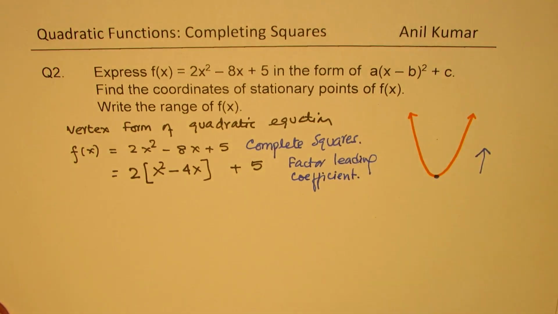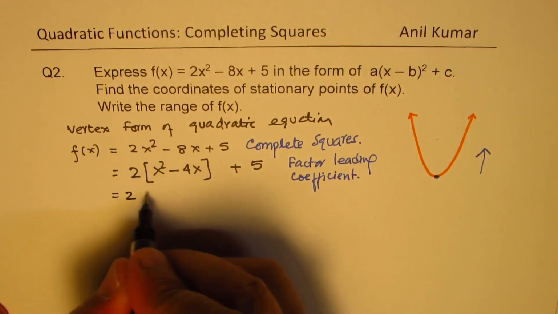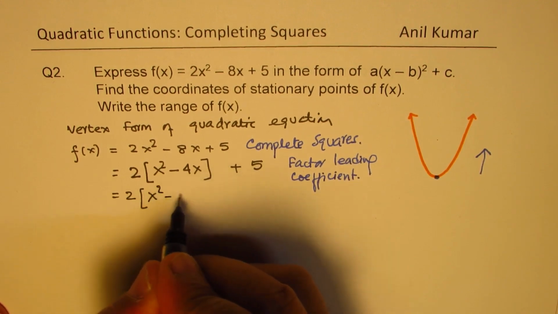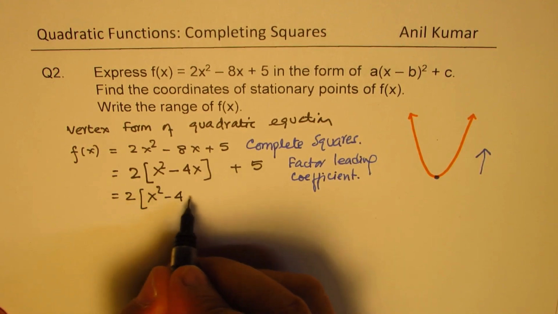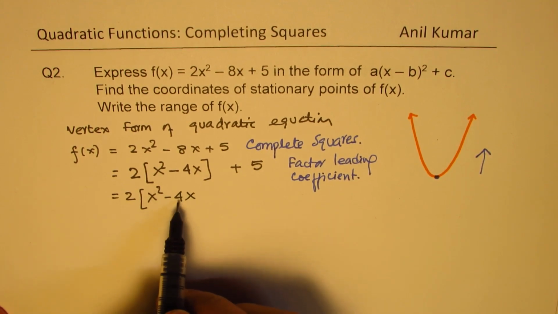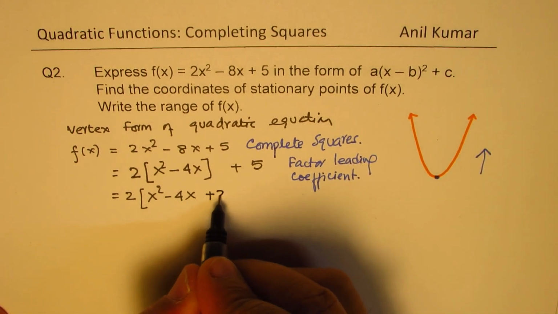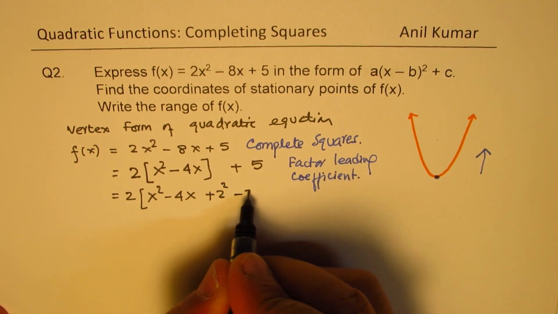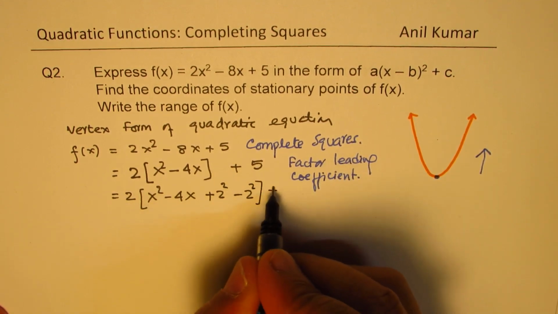Correct? Now, we'll follow the steps which we did earlier, which is we have x squared minus 4x. So the leading coefficient now is 1. We'll look at half of 4, which is 2. So we'll add and subtract the square of 2. Perfect. We'll keep this 5 like this.